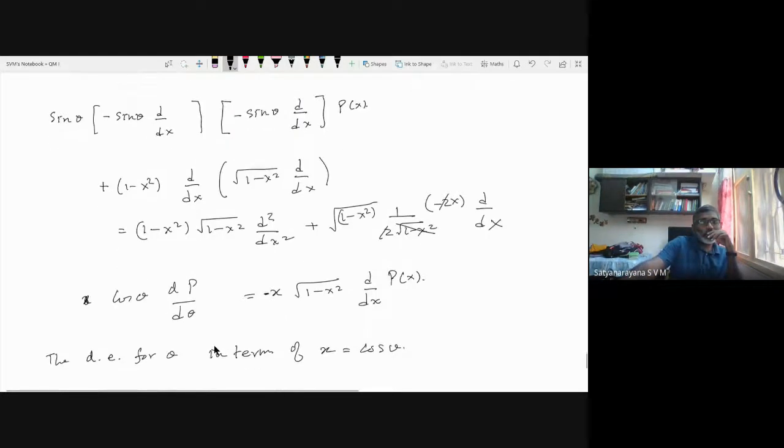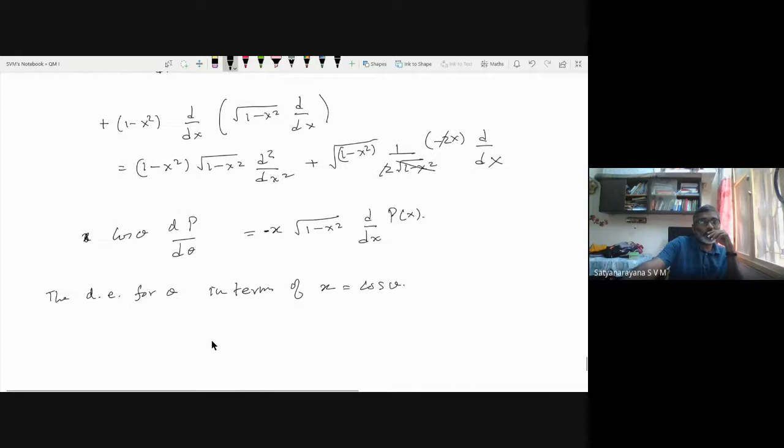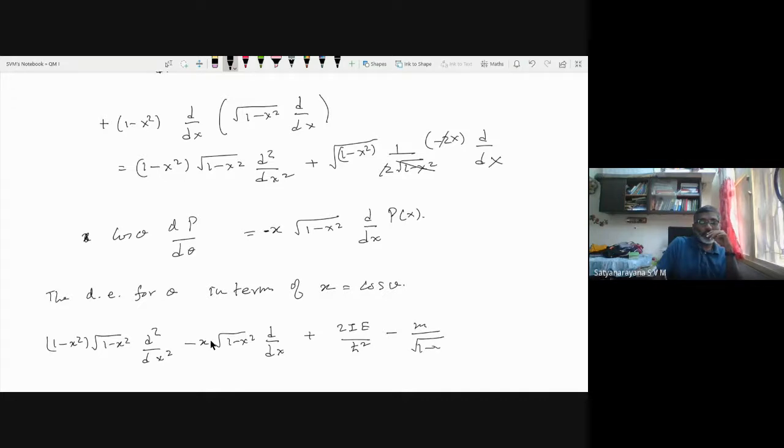So the first thing we have is 1 minus x square into root 1 minus x square d square by dx square, minus x into root 1 minus x square d by dx, plus twice IE by h bar square minus m divided by root 1 minus x square, is equal to 0.